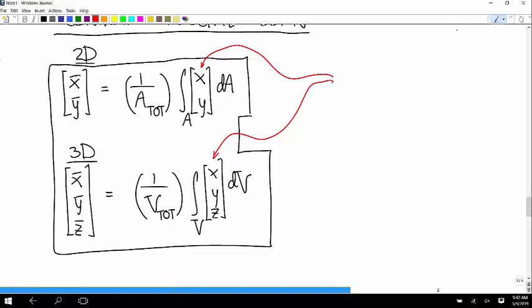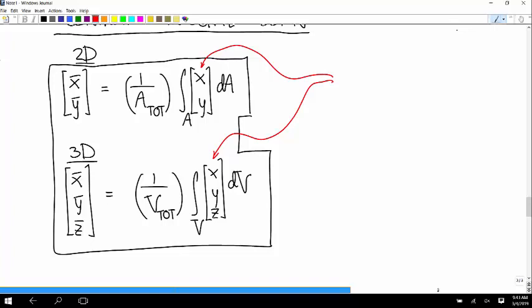Sometimes in practice when you're calculating these, depending on the shape, you're usually not going to choose your infinitesimal area or volume to be infinitesimal in every dimension. If you're doing a round shape, you might choose it to be an infinitesimal sliver, like a slice of pie with an infinitesimal angle.